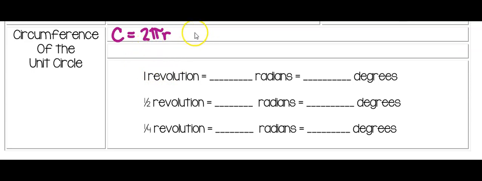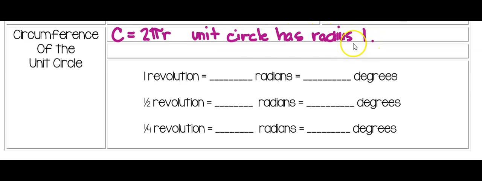We know that our unit circle has a radius of 1, so 2 pi times a radius of 1 leaves us with a circumference of 2 pi units. So 1 revolution, or once around the entire circle, would be 2 pi radians. Again, 2 times 3.14 is about 6.28 of those radii you could get around the circle.